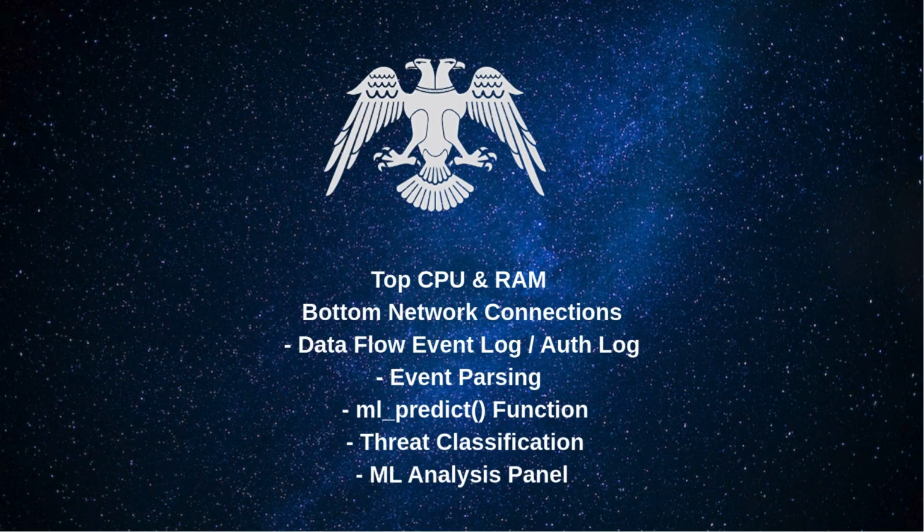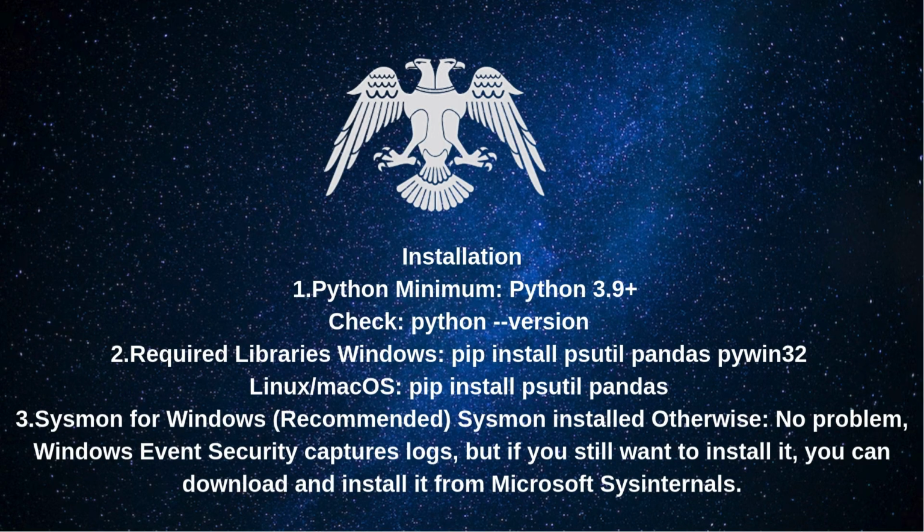Now I am telling how to install my software on your system. Python minimum 3.9 plus. If you want to check your system Python version, use python --version.